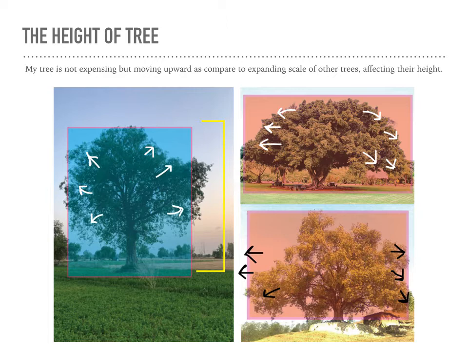The thing that's happening right here is that the other people trees are expanding in various directions, which is shortening their height, while my tree is expanding more upward, which is affecting the width, but having a positive point on its height. So yes, that's something that can be observed.